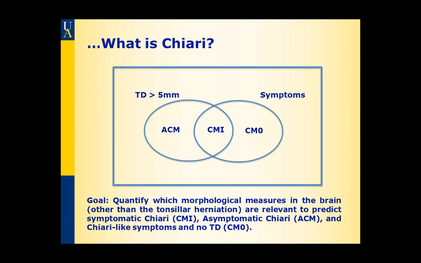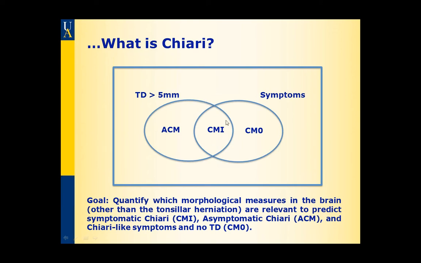We need to have categories, and we could just have Chiari against healthy, or depending on which data we have, we could try to find a classifier or a way of separating these 4 groups.